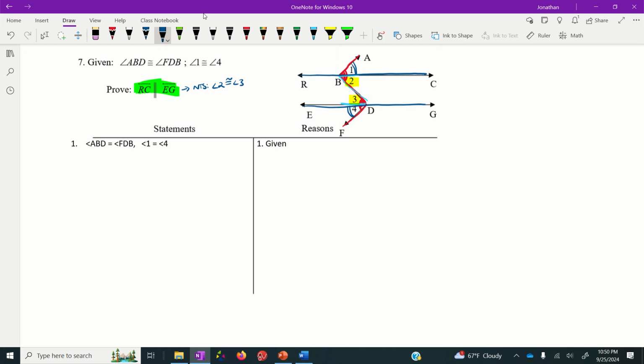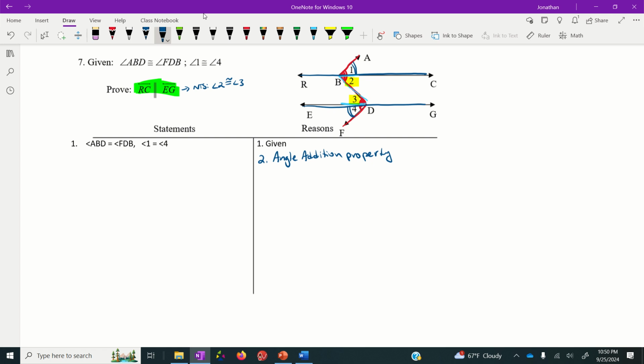Now, in class, if you look behind you on the wall, across from the door, there's a poster that says the angle addition postulate. We're going to call it the angle addition property. What it says is this: if I have two adjacent angles and I add them together, they equal the whole angle.